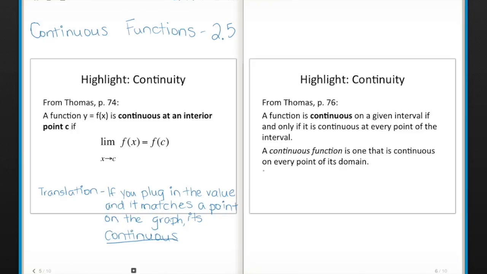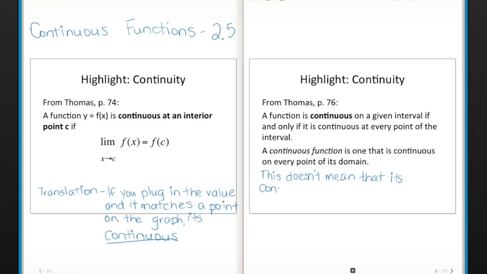Now, it obviously doesn't have any points outside of its domain, but if you look at a function across its entire domain, all the possible inputs, and you've got nice pretty outputs, nice clean points, and it follows a straight path, then you have a continuous function.